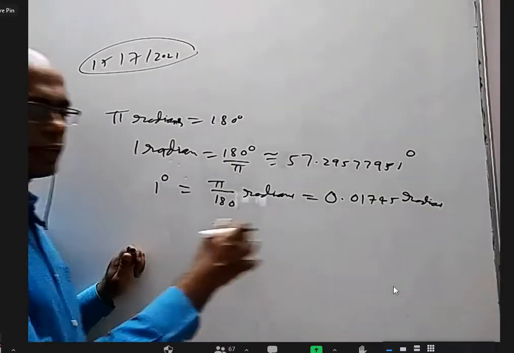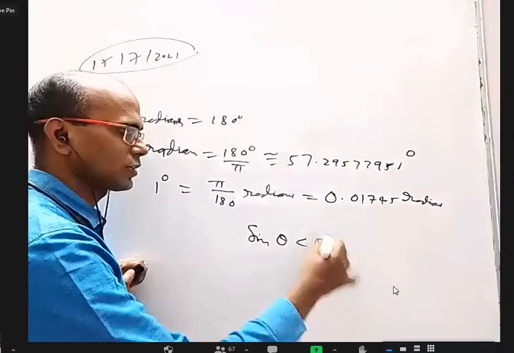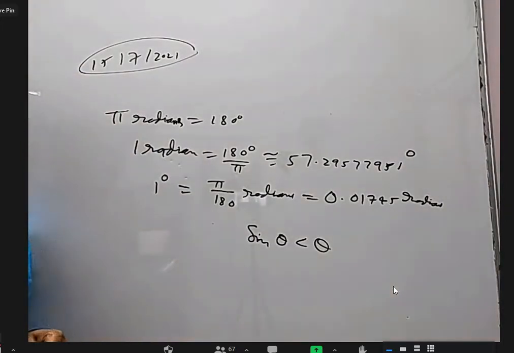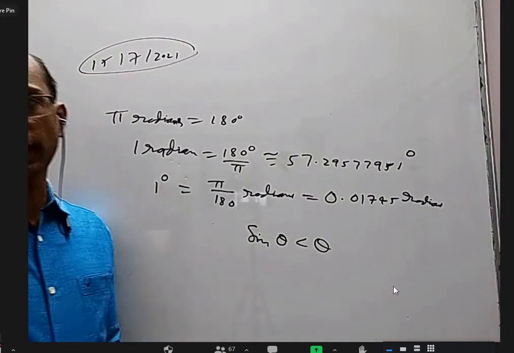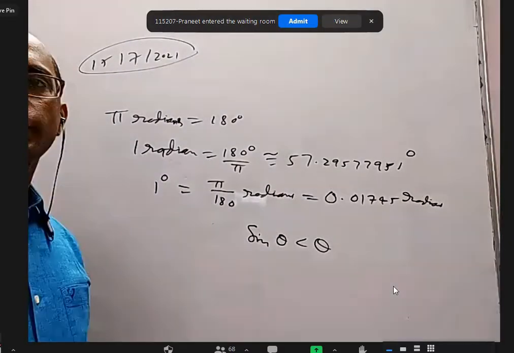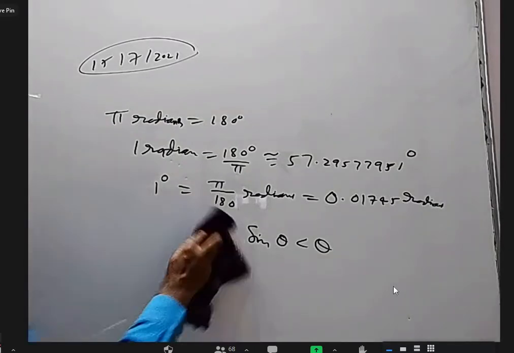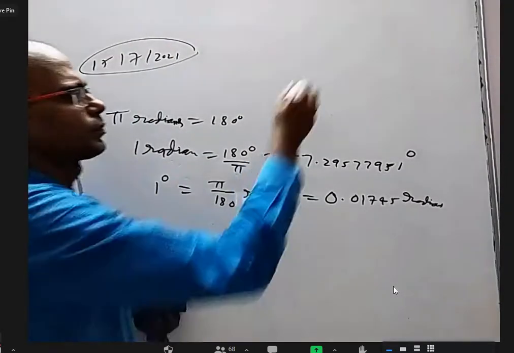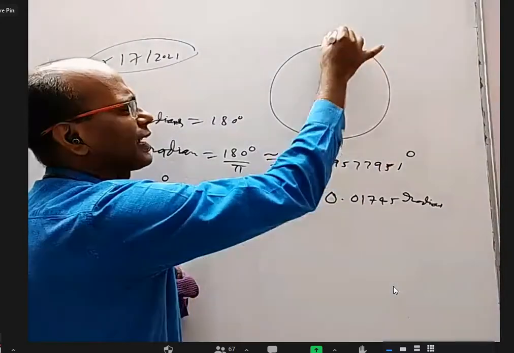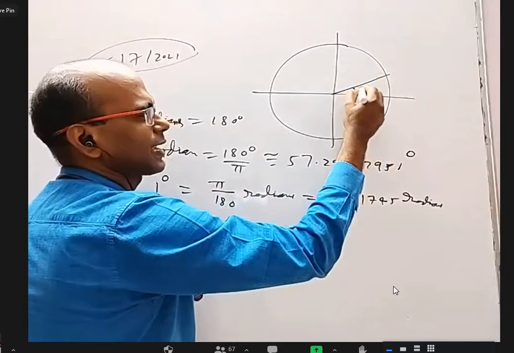Instead of telling why they are equal, I can make a general statement that sin theta is always less than theta, at least for a positive angle. If you take any positive angle theta, sin theta is always less than theta. You know why? The other day we talked about a circle of radius 1 unit, and this angle is theta.